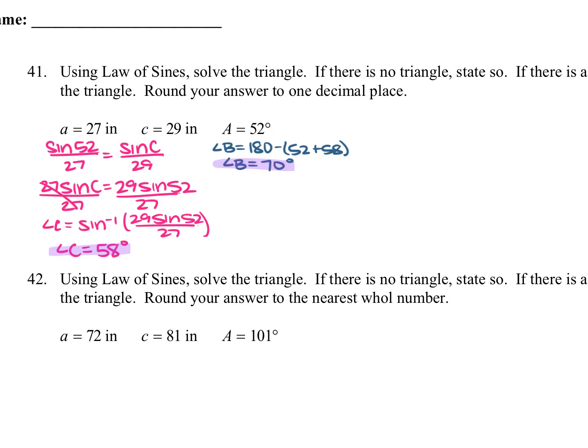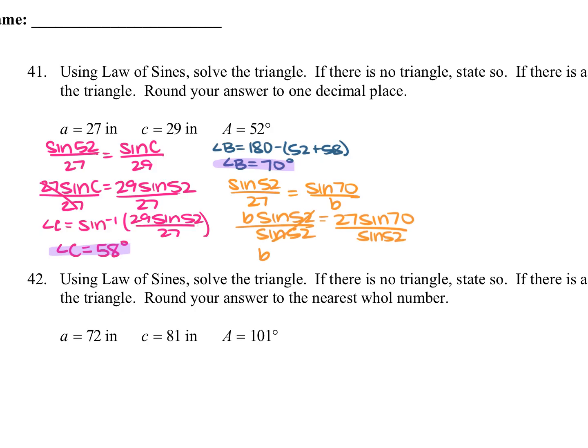Then we are going to find side B by doing the sine of 52 over 27 is equal to the sine of 70 over B. This gives us B times the sine of 52 is equal to 27 sine 70. Divide each side by the sine of 52. And you get that side B is 32. So this is all triangle 1.